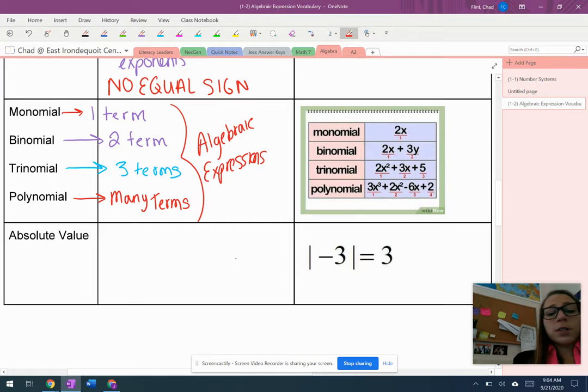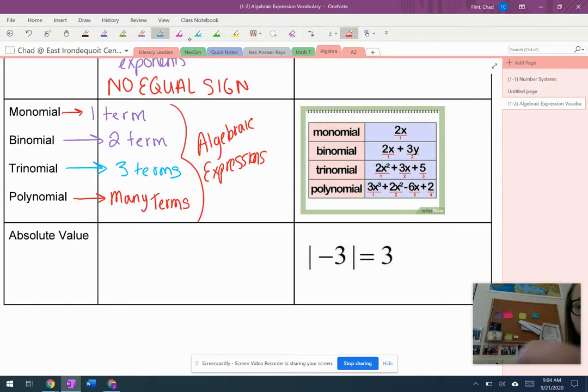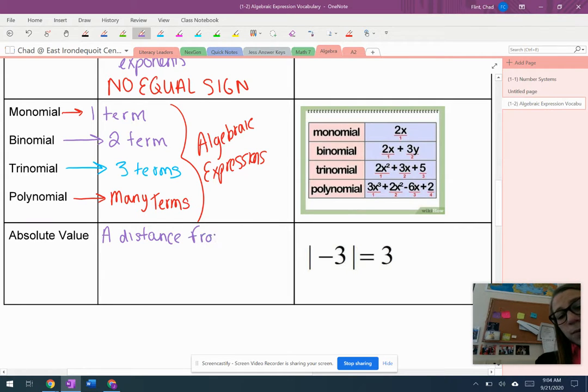Absolute value, this we definitely talked about in 7th grade, at least a little bit. Absolute value is a distance from 0. And because it's a distance, it can never be negative.